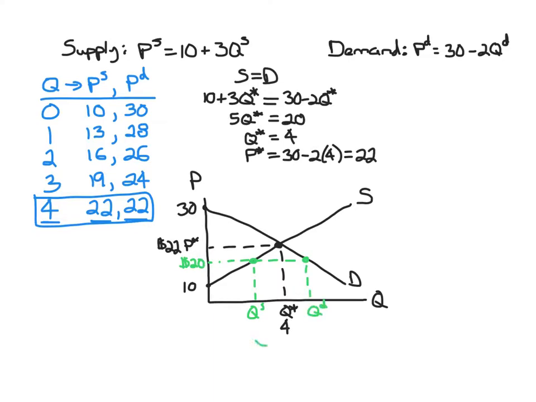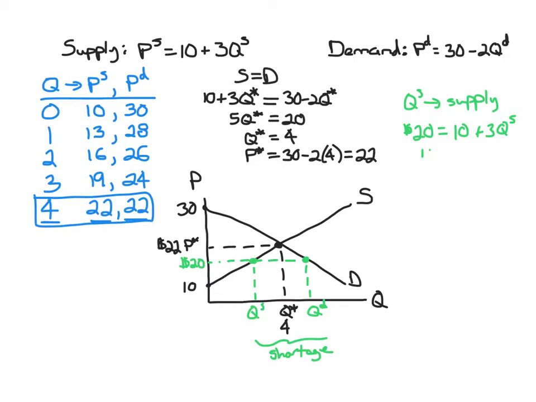Okay, so we would have a shortage, right? Demand is higher than supply. So we would have a shortage of the product. And now the question is, how much of a shortage? So we can calculate what QS would be by plugging into the supply curve. So we plug in $20 for the supply price, write out the rest of the equation for the supply curve, and then we can solve for QS.